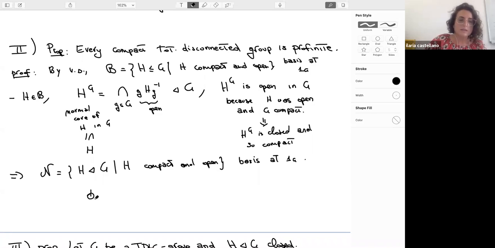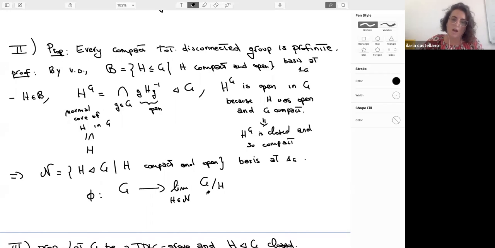But now, if I consider the canonical continuous morphism from G to the inverse limit of G mod H, where H is in N, this is surjective, but these are all finite groups. So this group here is profinite, and then phi is injective because the intersection of all H in N is trivial because this is a basis at the identity. So actually G is a profinite group, can be written in this way. And any continuous map between compact things is open, so this is a topological isomorphism.